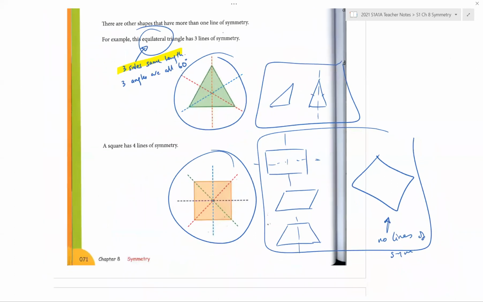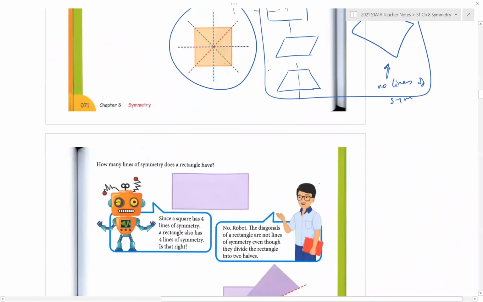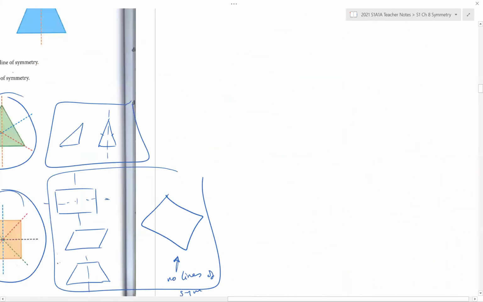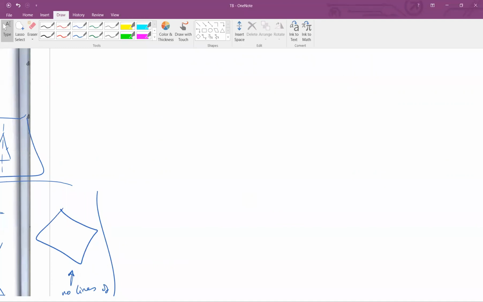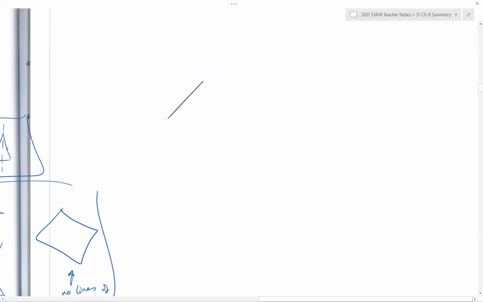Therefore, if we extend this to a 5-sided figure, let's draw a 5-sided figure. 1, 2, 3, 4, and 5.